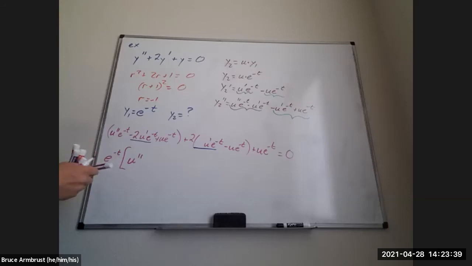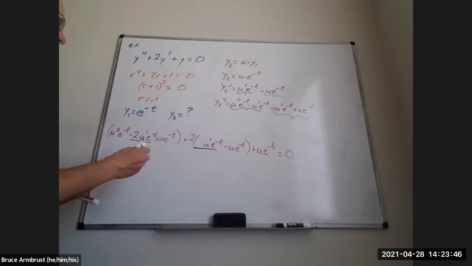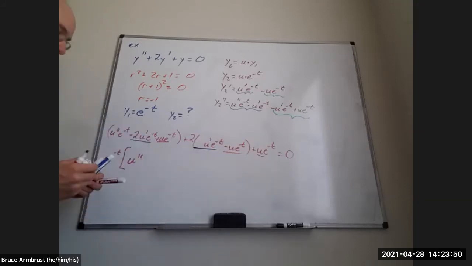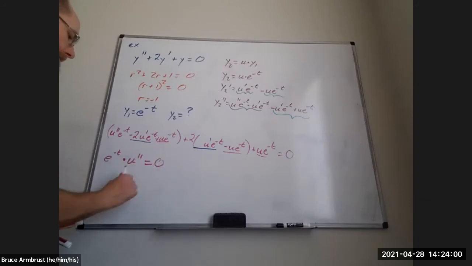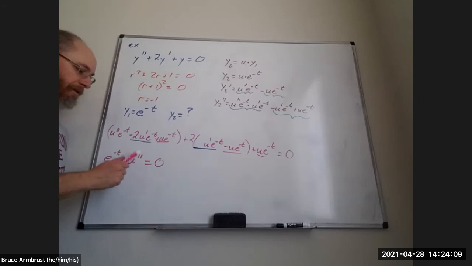So those things cancel out. And then if I go to the u's, I've got plus 1 minus 2 plus 1. Well, those all cancel out also. So once I simplify that all down, what I've got is e to the minus t times u double prime equals 0.